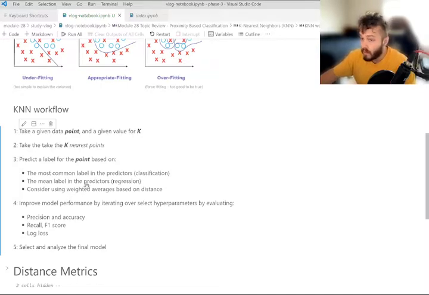With either one of those, you can do a k nearest neighbors algorithm, and you probably should at some point, as you iterate and improve your model, use weighted averages based on the distance. So basically, the further away a data point is from the data point that you're trying to predict, the more it's going to penalize how much that data point contributes to the average.